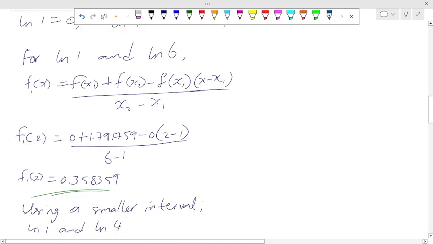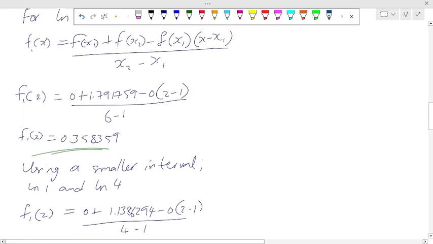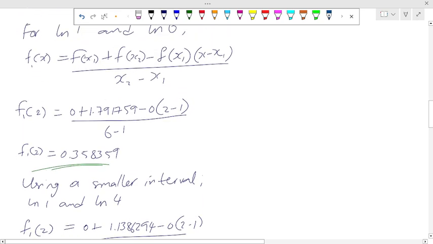Now let's use a smaller interval, from ln 1 to ln 4. We've tried ln 1 to ln 6 and looked at our answer. Let's try from ln 1 to ln 4.